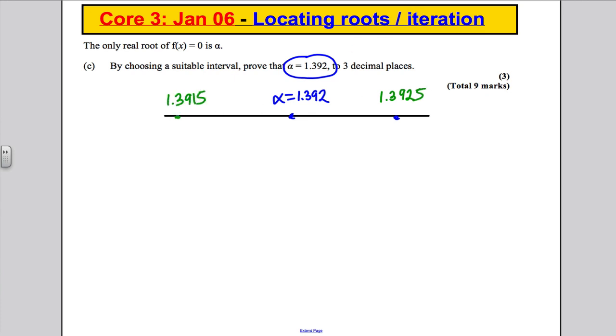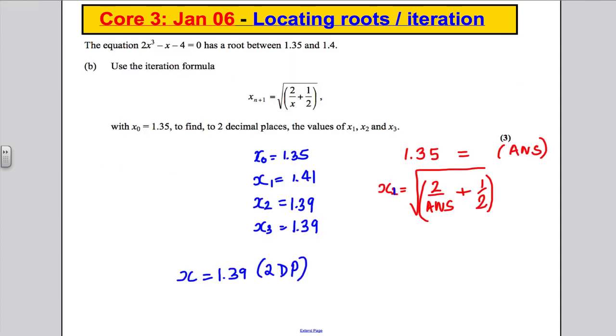1.3915. We would substitute those into the original f, so we would work out f of 1.3915, we would work out f of 1.3925. Hopefully we're going to get a change of sign, and if we do, we know that that root 1.392 is accurate to 3 decimal places. So, what was our original f? Our original f was the following.